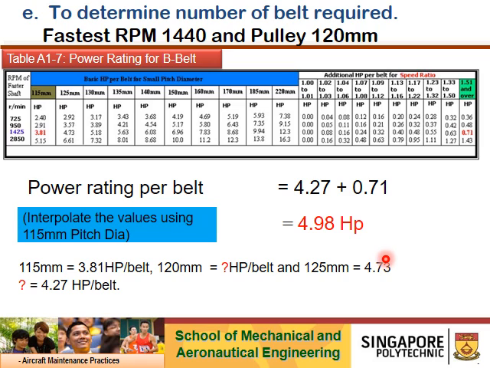This slide talks about the horsepower per belt for 120 mm pitch diameter. When you interpolate, you obtain 4.27 horsepower per belt for 120, and the additional horsepower per belt for speed ratio remains the same. You add up both and you get 4.98 horsepower.